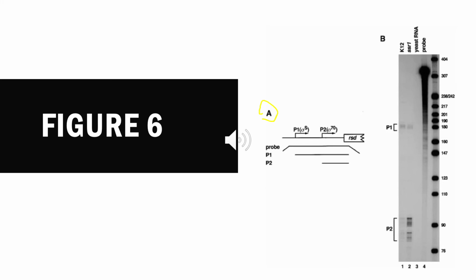Moving on to part B, we've got the K12 at the very top there, and it's showing some banding for both P1 and P2. The little yellow lines show that we're getting a positive result with both promoters in K12 cells. But in lane 2, here's where it gets interesting. For the SSR1, we don't see any change with P1.